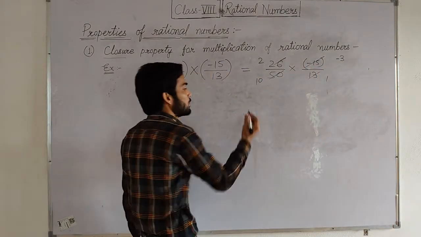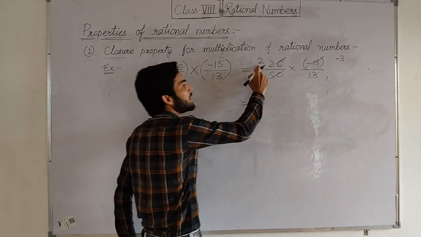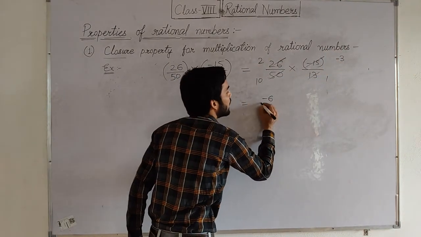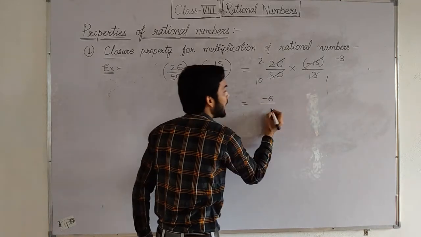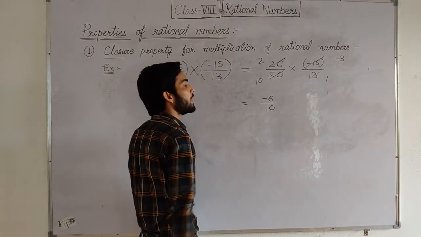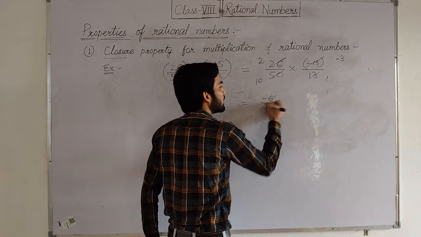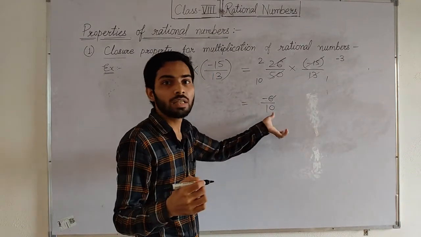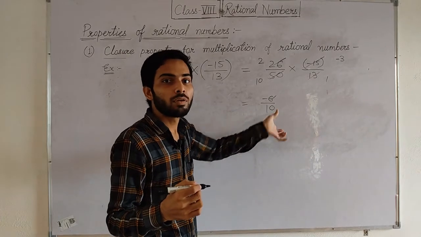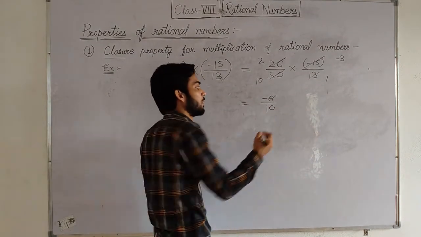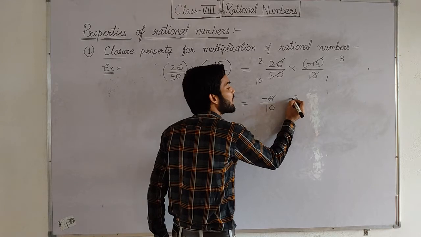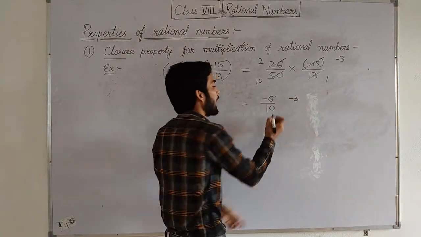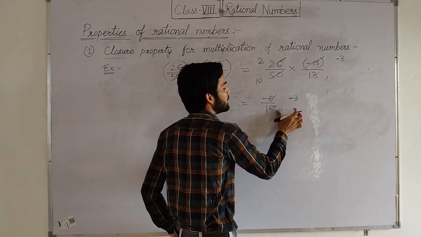So what is the answer? Numerator is multiplied by numerator: 2 threes are 6, that is minus 6, upon 10 ones are 10, that is minus 6 upon 10. Also you can reduce it to the simplest form: 2 threes are 6, but minus 3 will come here because we have cancelled minus 6 by 2, and 2 fives are 10.